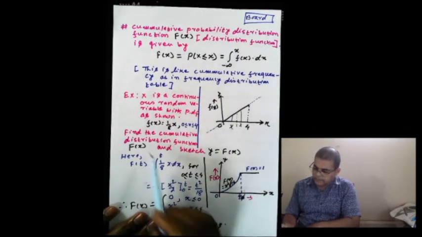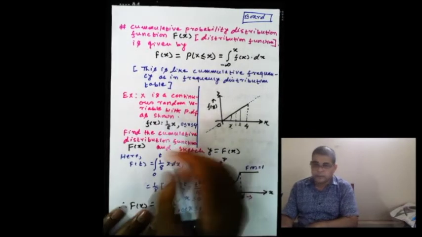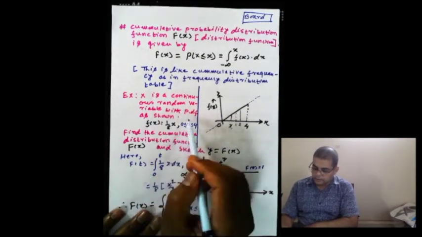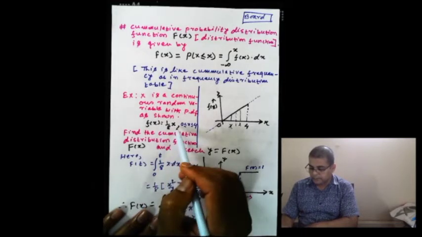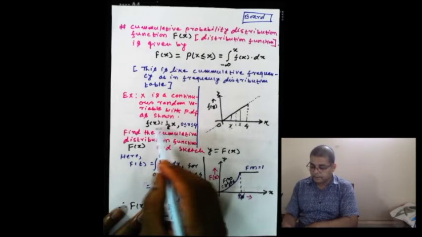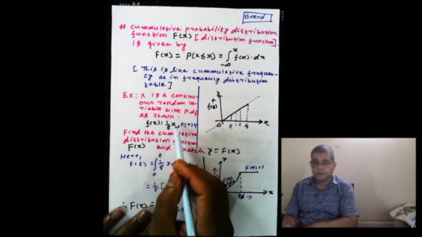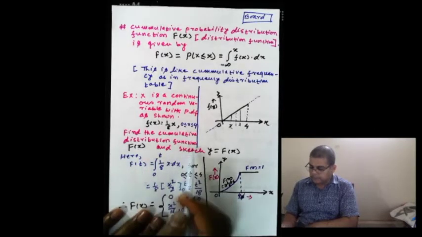And here is one example given here: X is a continuous random variable with the PDF as shown here. So the probability density function is f(x) equals 1 by 8 times x, and this graph is for the function f(x) equals x/8. Now find the cumulative distribution function, in this case y equals F(x).